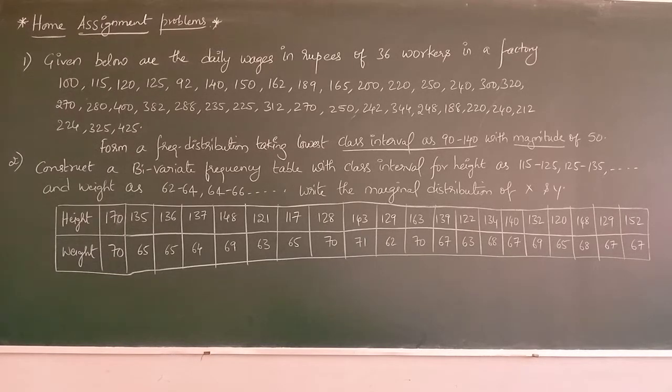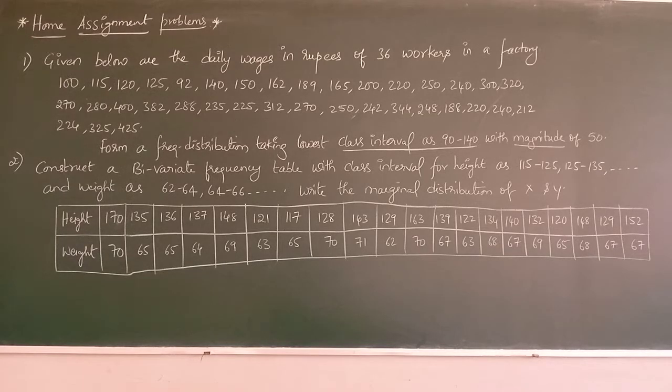Okay, just look at the board now. Given below are the daily wages in rupees of 36 workers in a factory. So there are 36 workers in a factory and their daily wages are given, nothing but daily labor money. So 36 observations, 36 amounts they have given. Form a frequency distribution taking the lowest class interval as 90 to 140.